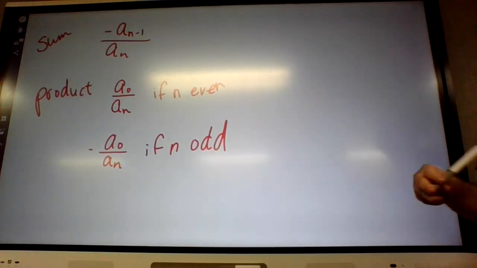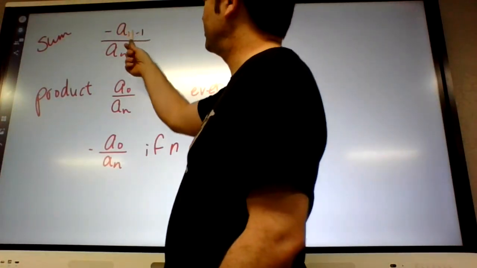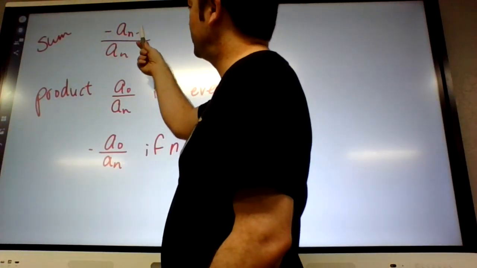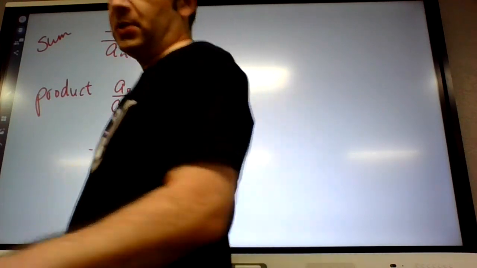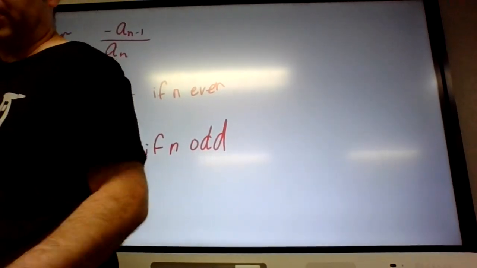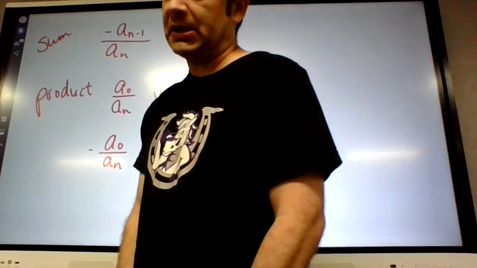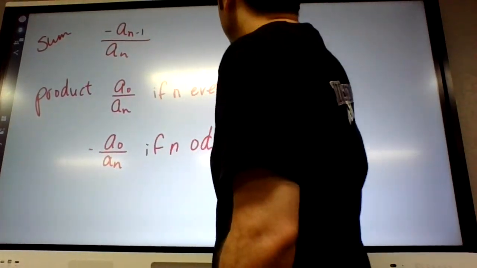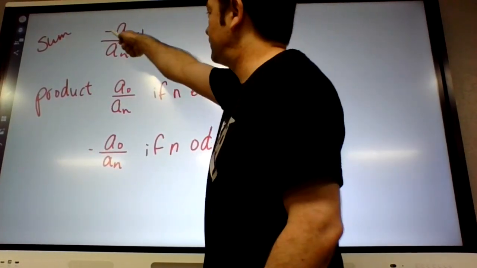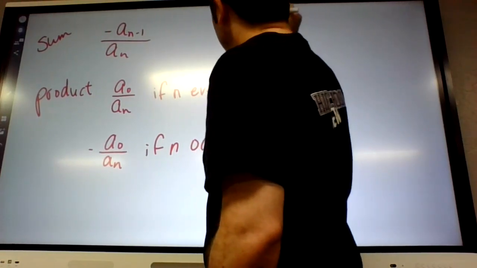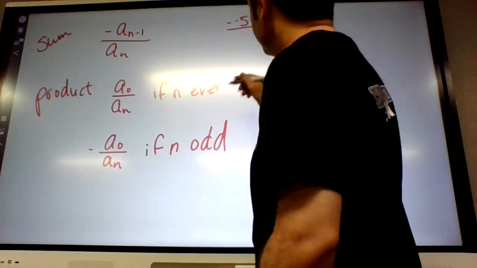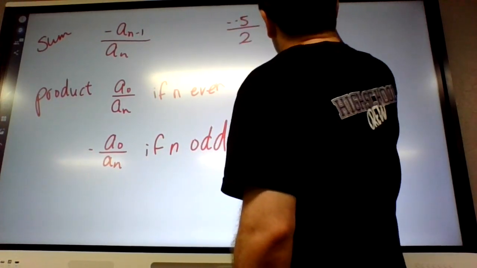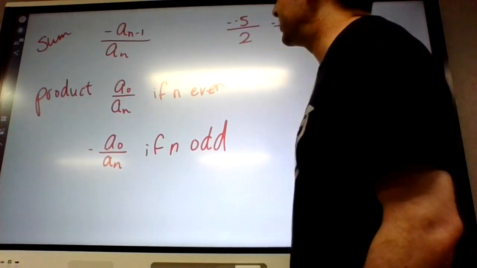Sum of the roots is, you guys remember what this stood for? Second coefficient over the first coefficient. There's a negative. So, on 12, what is the second coefficient? -5. So it's -5 over the first coefficient 2. So that is the sum of the roots.